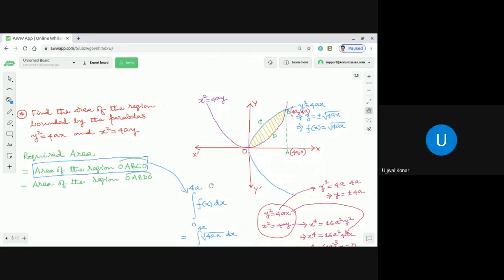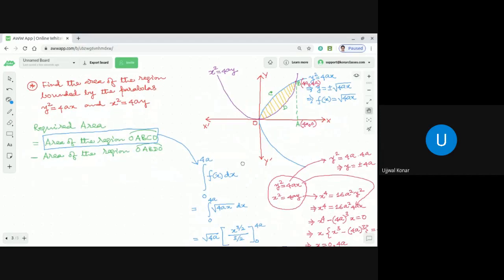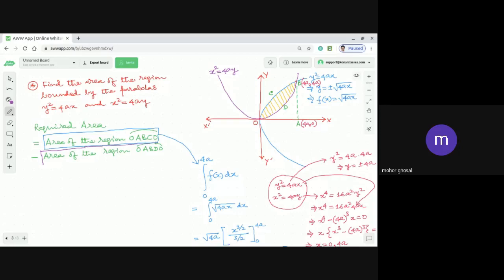Now what we are going to find is the area of OABDO. Looking at the different color, the area of the region OABDO. Can someone please guide me how to proceed? How to find the area of this region?